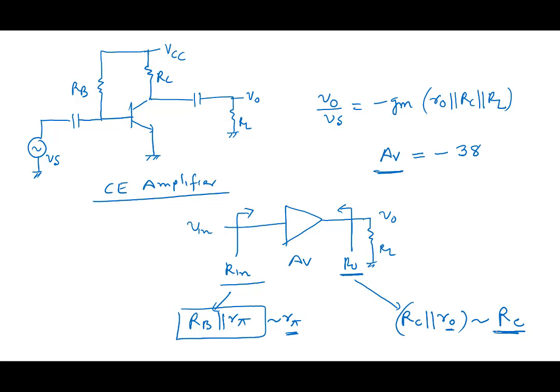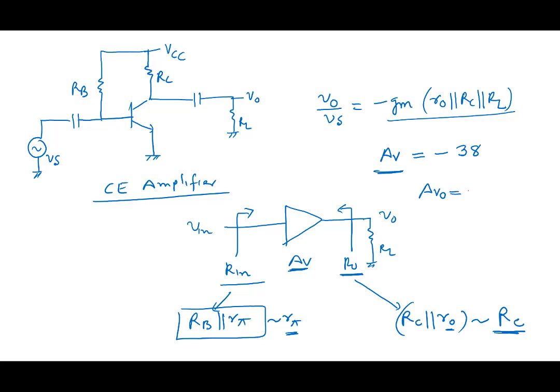But note that the expression for gain that we have determined is with the RL there. If, let's say, RL is infinity, then we can call something called the open circuit voltage gain, AV0.